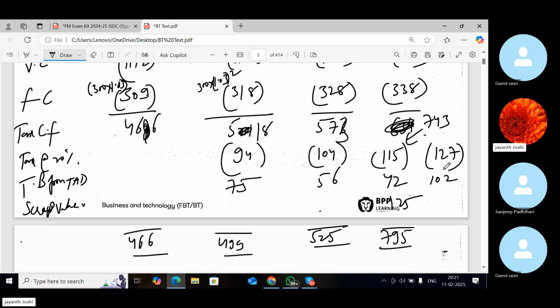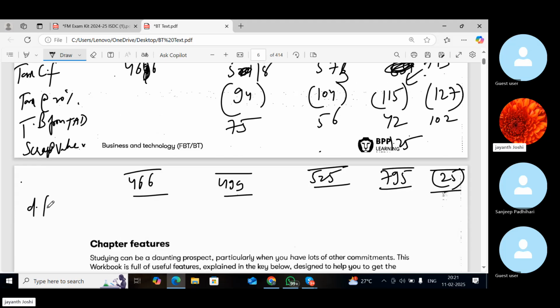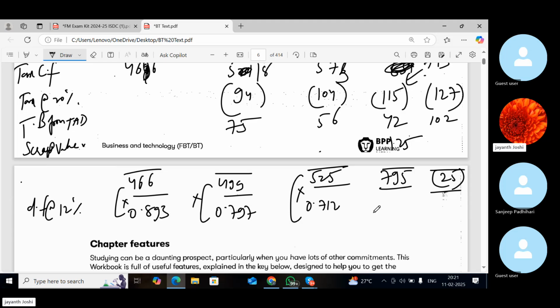Okay, then this is here, and this is minus 25. And we're going to apply the discount factors. Discount factor at the rate of 12% given to you, 0.893, multiply this, 0.797, multiply this, multiply this too. And then you get the present values.